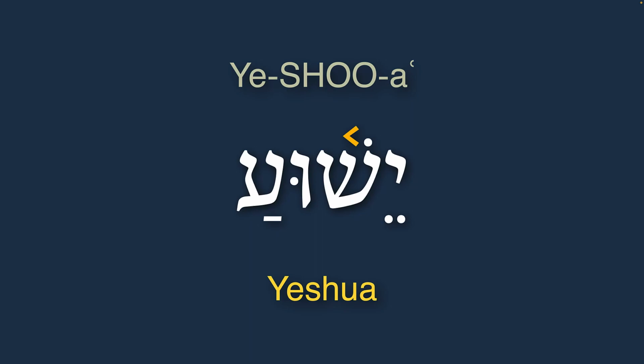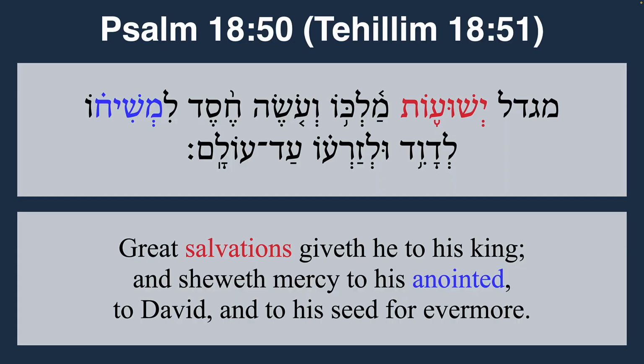Yeshua, that's the name. Now, this name, together with the word Mashiach, which means anointed or Christ as translated in Greek, occurs together in three places. Strictly two places, but three places. Let's see. Psalm 18:50, we read, Migdol Yeshuot malko ve'oseh chesed limshicho. Here, what does it say?